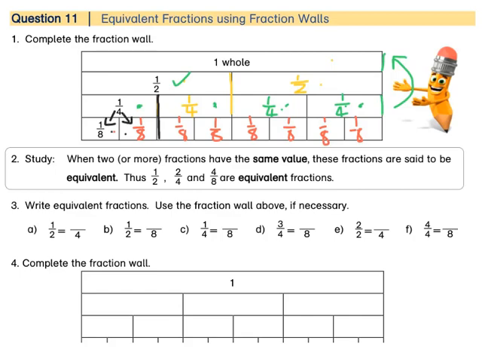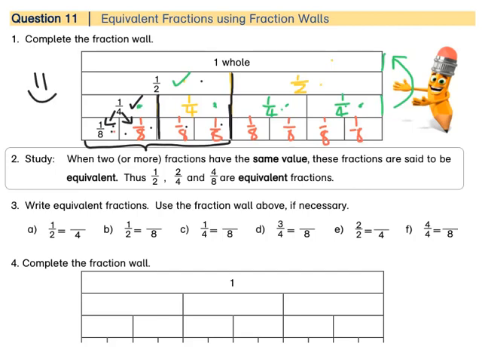There are 2 eighths in 1 quarter. Lastly, if we look up until a half, do you notice that in a half there are 1, 2, 3, 4 eighths? There is so much to learn from this fraction wall.